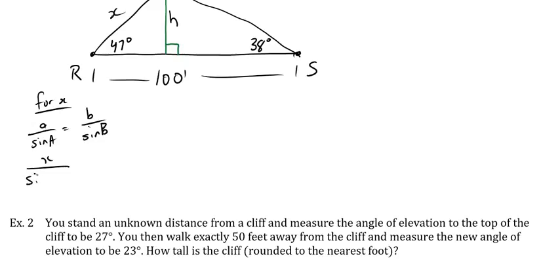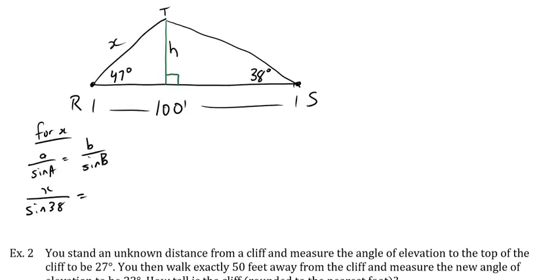So sine 38 equals, you want to keep going? What's the rest of it? Oh, we're missing a step here. We forgot something. What did we forget? Nice. Do you know what it is? 38. Yep. 95. Nice. Thank you. We forgot to find that angle.